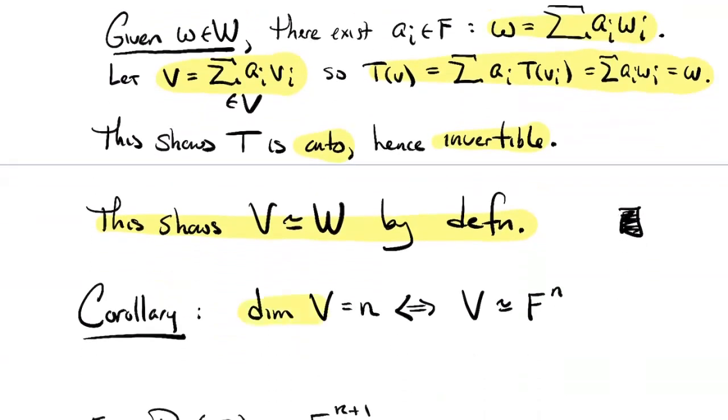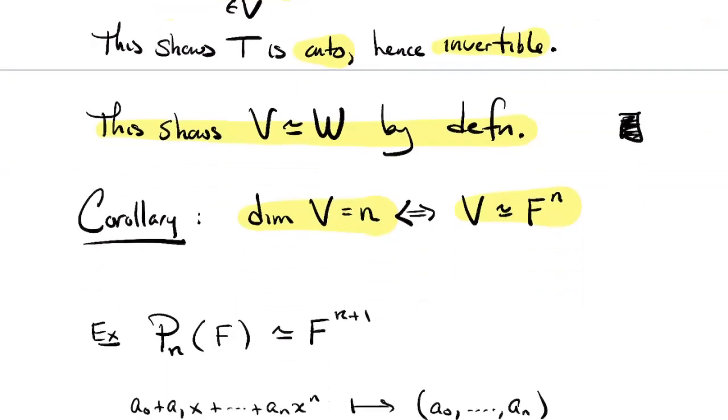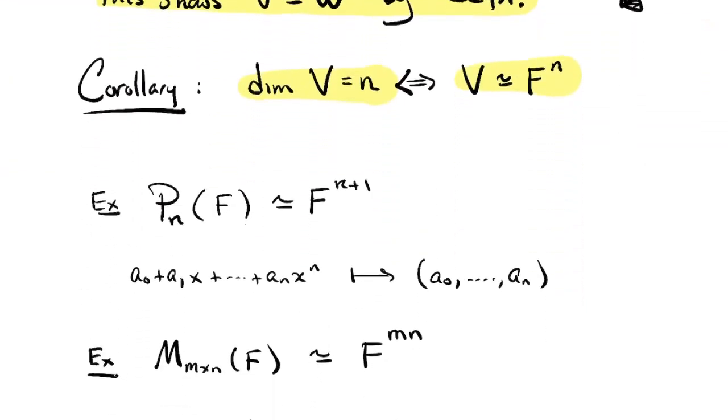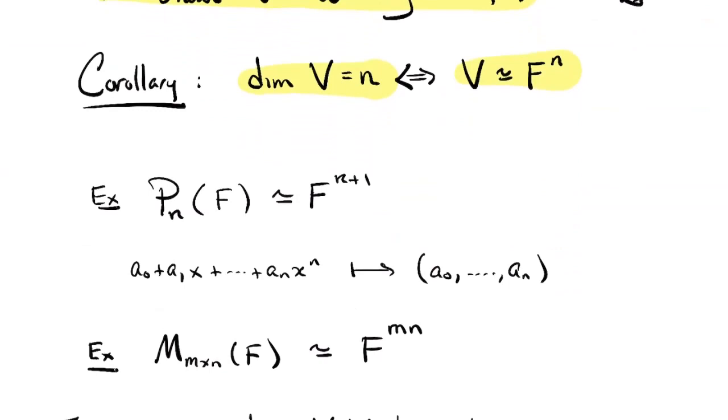So in particular, if the dimension of V is n, then V is isomorphic to just the column vectors F^n. I was kind of alluding to stuff like this before, where I was saying there really aren't very many different vector spaces. Once you know the dimension of a vector space, up to isomorphism, quote unquote, there's just one, right?